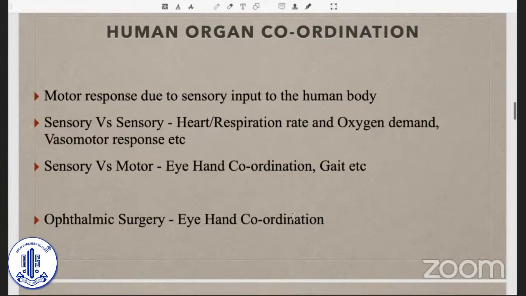Sensory to sensory is, for example, how heart rate or respiratory rate varies with the oxygen demand. Sensory to motor coordination, hand-eye coordination and gait are the best examples. And our ophthalmic surgery comes under hand-eye coordination.